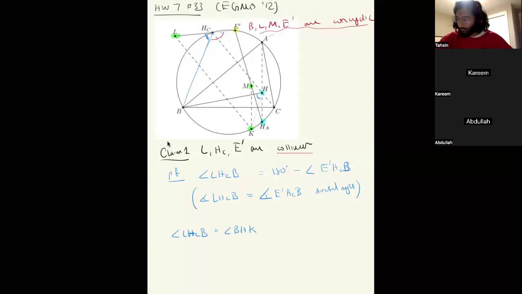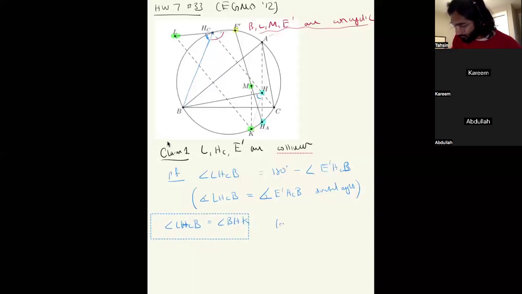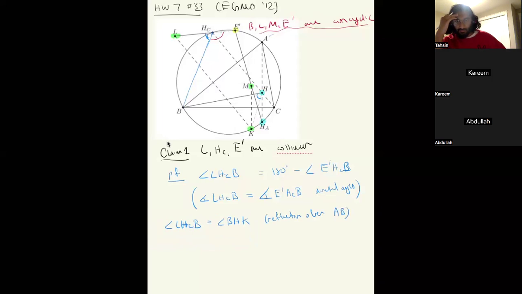Does that make sense? This is by reflection over AB.